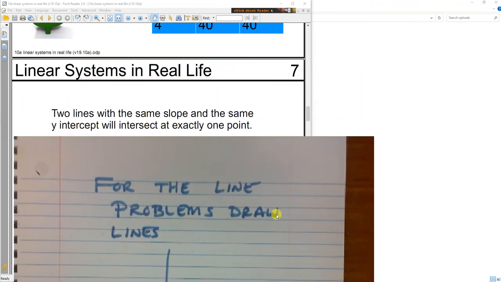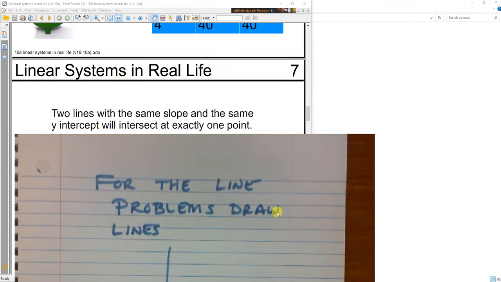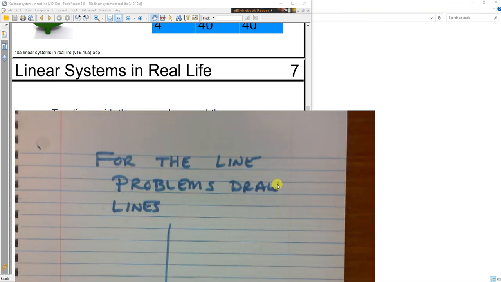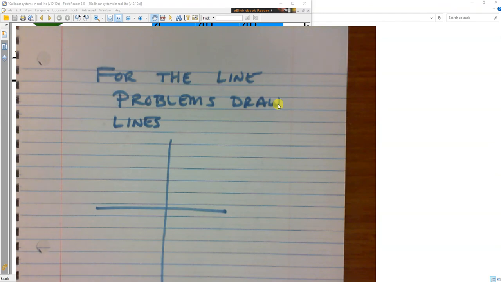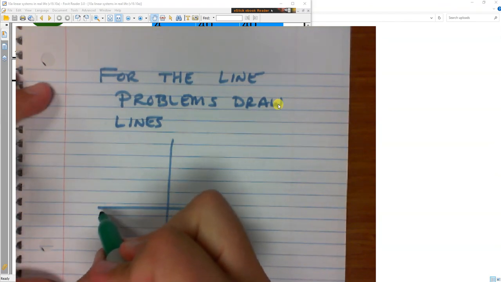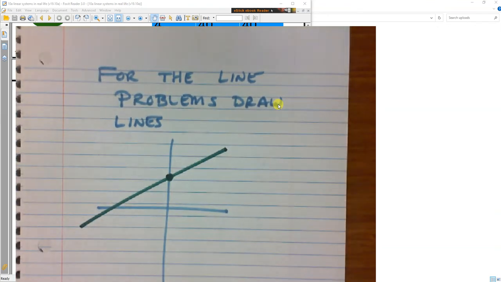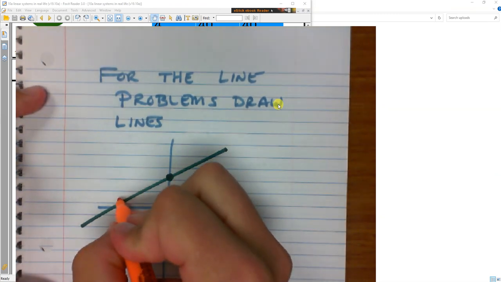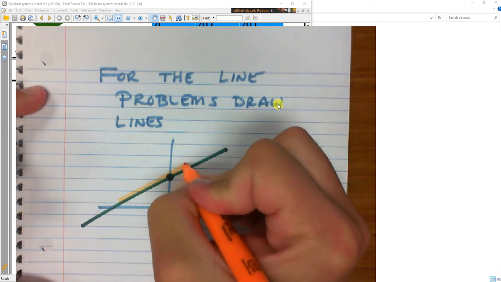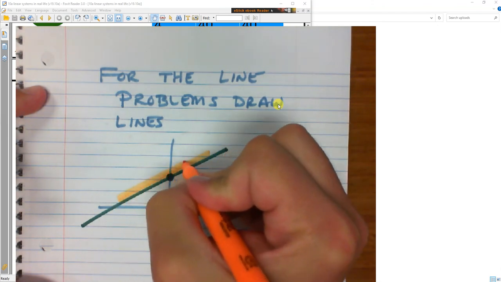So this one: two lines with the same slope and the same y-intercept will intersect at exactly 1 point. Okay, there's a line and it has a slope and a y-intercept. Here's another line with the same slope and the same y-intercept.